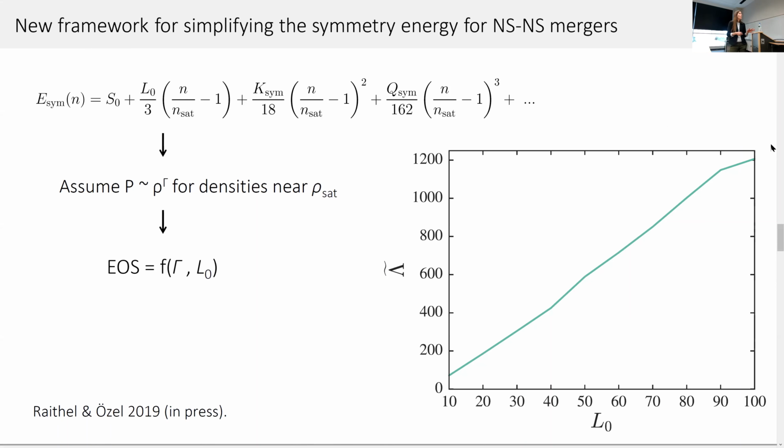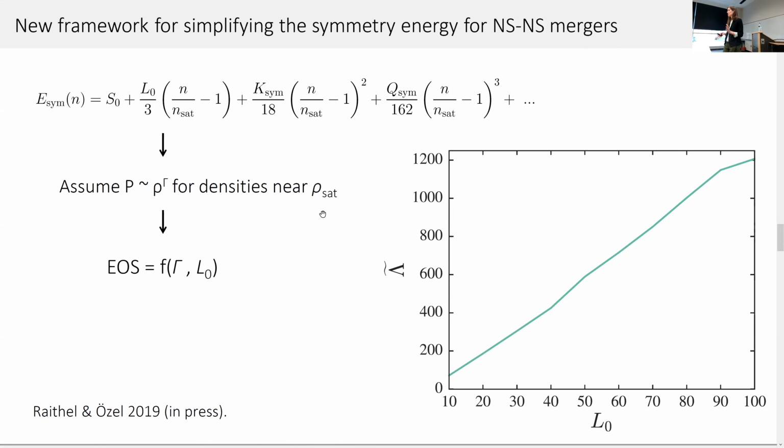What we have done to simplify this problem and make some headway is to introduce what we consider to be a fairly physically motivated simplification, which is that we assume that the equation of state of dense matter follows a single power law density dependence in the vicinity of the nuclear saturation density, in particular between 1 and 3 times the nuclear saturation density.